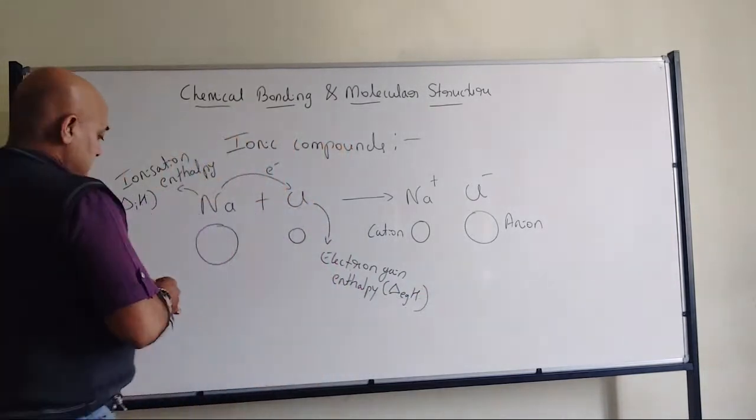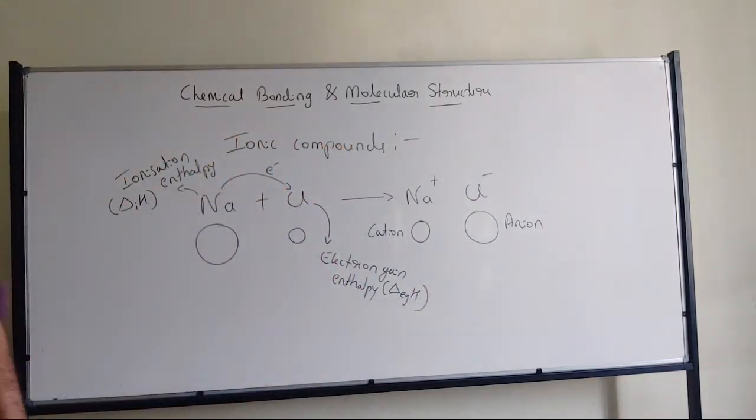Right? So for an ionic compound to form, there are some deciding factors. Which are those deciding factors? One is ionization enthalpy and another is electron gain enthalpy of the elements involved in the interaction.